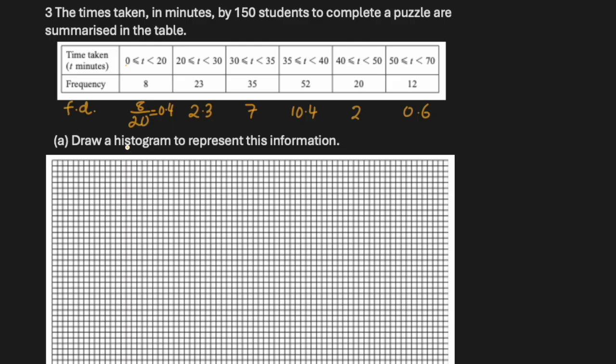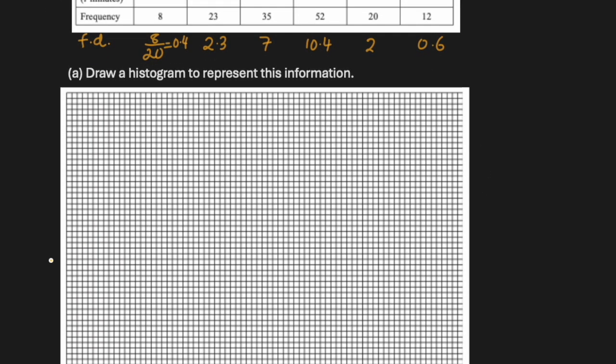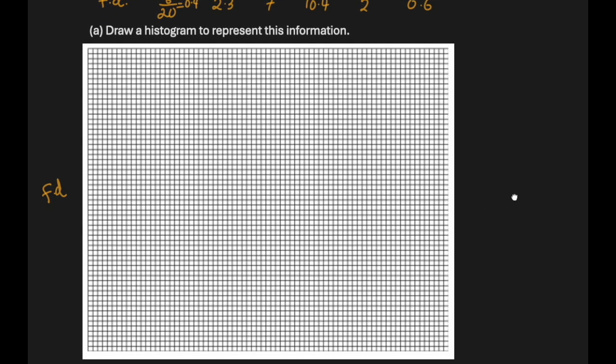So we got our frequency densities, and in our histogram, that's what we will do. We will use frequency density on the vertical axis, and time taken will be on the x-axis.